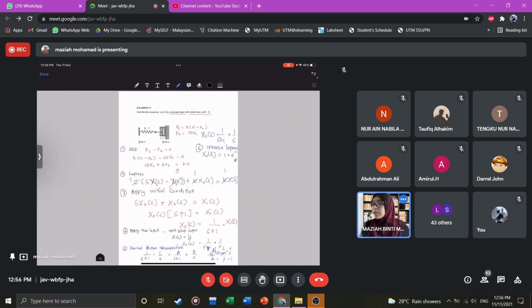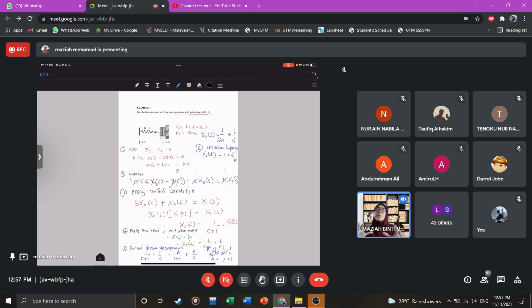All right, so we're going to stop here. We're going to continue next week with a few more examples in order to make sure you're familiar with all the steps and also with the different functions that you can find in Laplace, because in ODE and Laplace there are many functions, banyak jenis, kuasa 2, kuasa 3, semua-semua tu.